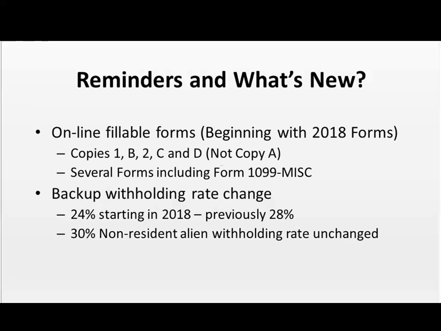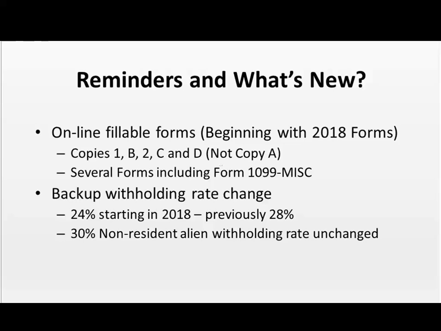They can be typed in and printed for the recipient copies and also the state copies, but not copy A that goes to the IRS. That is printed in special red ink, and it needs to be an official copy obtained from the IRS or an approved substitute. And of course, the easiest way to file these is electronic, so you don't need to mess with the A copy and its special requirements.